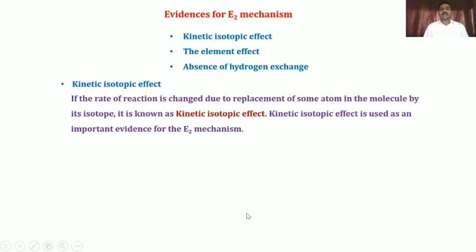If the rate of a reaction is changed due to the replacement of some atom in the molecule by its isotope, it is known as the kinetic isotopic effect, and this effect is usually used as an important evidence for the E2 mechanism.